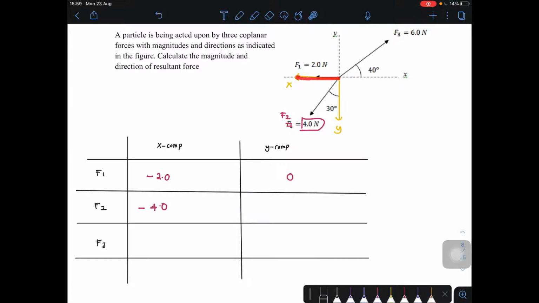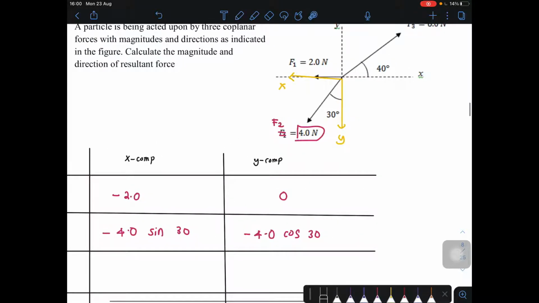And then untuk X component, okay, since dia punya angle dekat sini kan, so kalau angle dia dekat Y component, kat sini akan jadi sin 30. So untuk Y component dia akan jadi, kita ubah kepada cos saja. 4.0 cos 30.